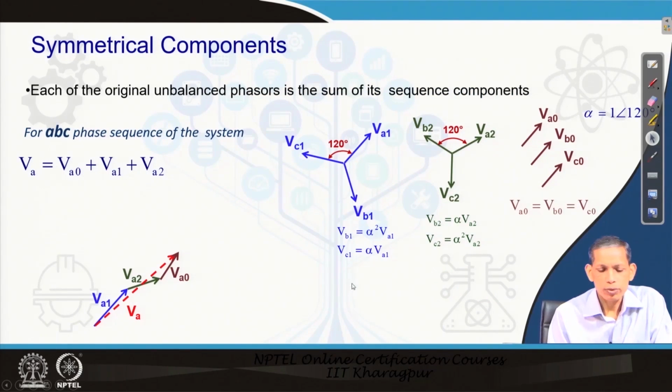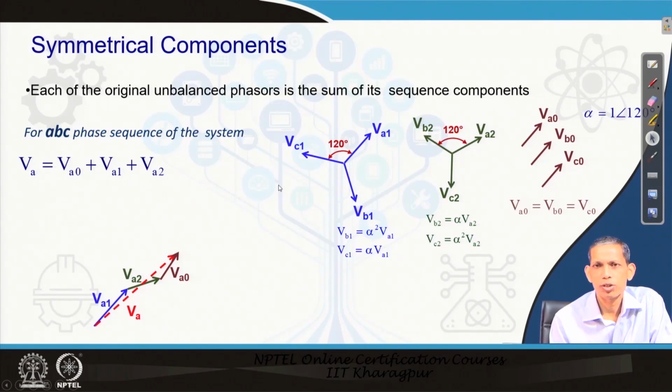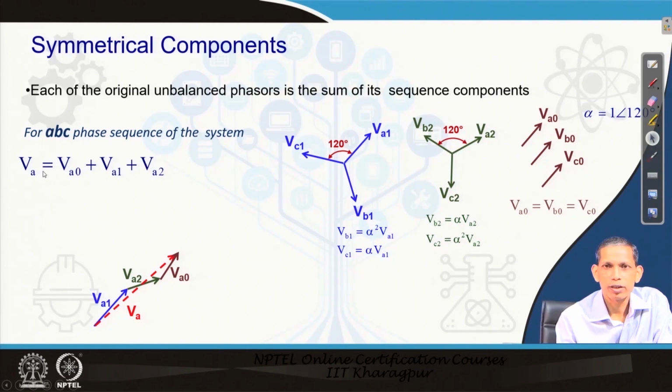Now, in addition to that, the other important aspect is that each of the original unbalanced phasors is the summation of its sequence components. What do we mean by that? Phase A voltage VA can be considered the summation of VA0, VA1 and VA2.